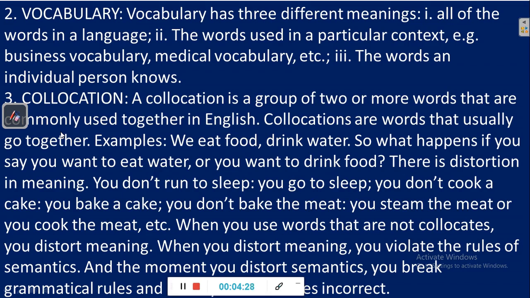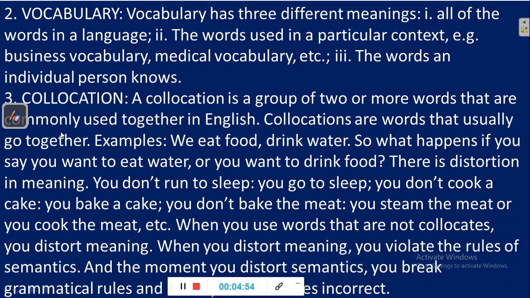Every field of human activity or every discipline has its own language that is unique to it. So we can see that there is a point of convergence between vocabulary and register. All right, we shall be pointing this out. Then the third meaning of vocabulary is the words an individual person knows.